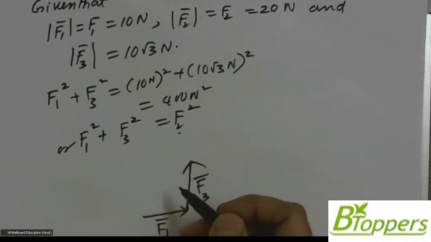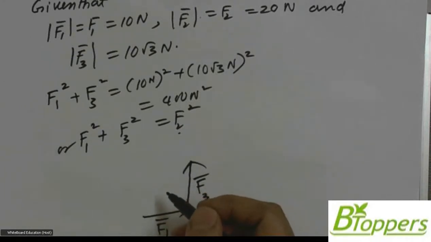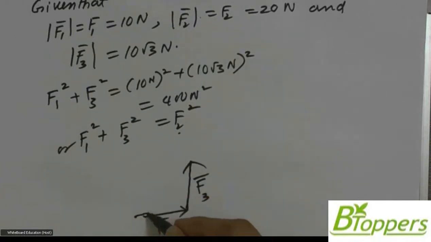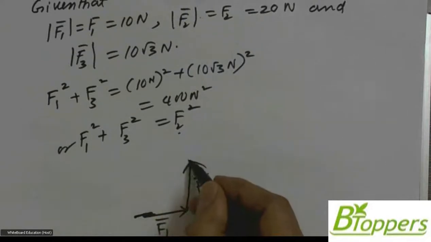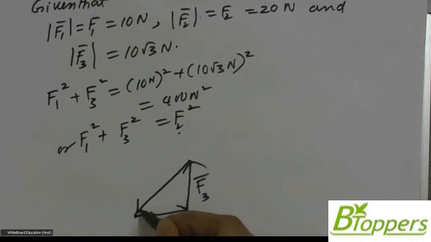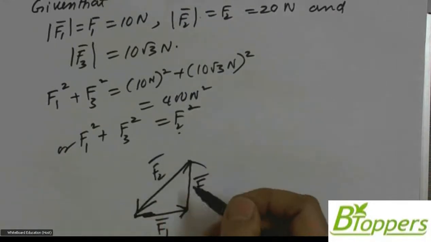The largest of the three forces, I mean the force which has the largest magnitude, should be represented along the hypotenuse side of the right angle triangle. The three forces must be represented in the same order, that is, head of one vector attached to the tail of the other vector. So head of F1 bar is attached to tail of F3 bar. Head of F3 bar is attached to tail of F2 bar.